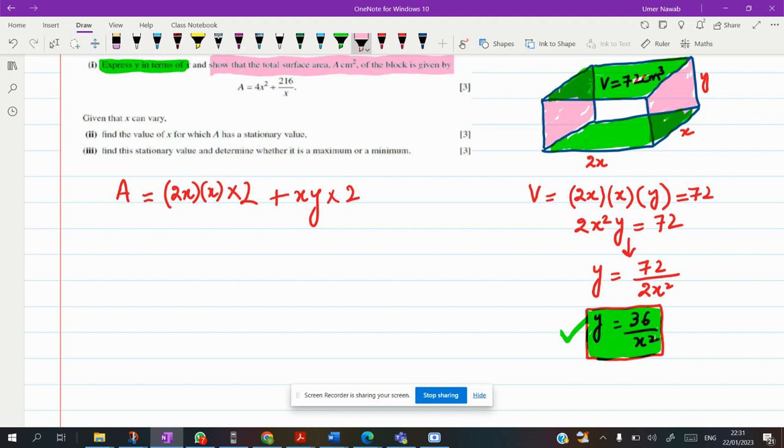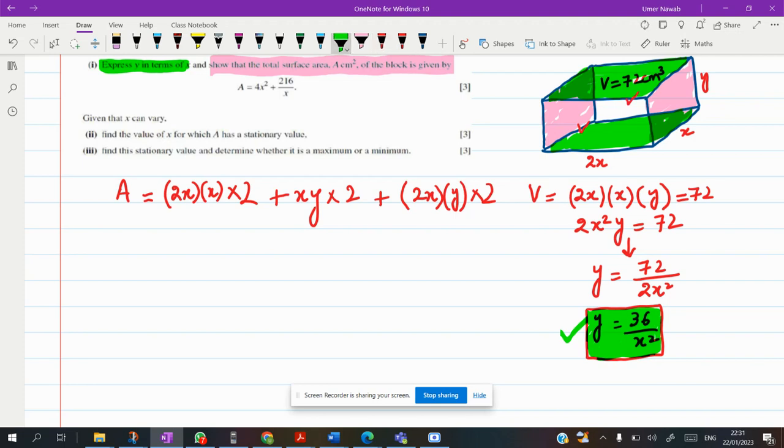Now the front and the back is left. What is the area for the front? The front should be 2x times y, and I'm going to multiply with 2 because I want to take the front and the back.